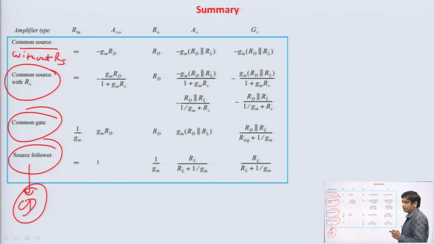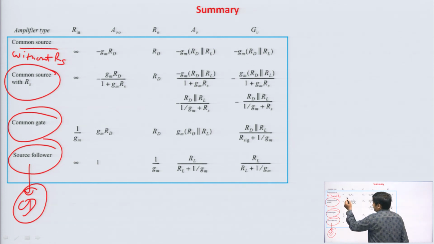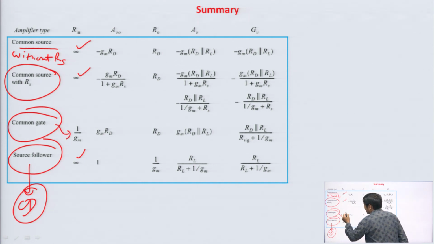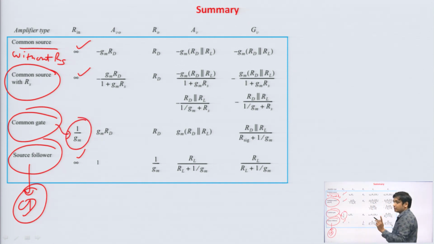Now, you can see that the input resistance of the common source amplifier and source follower, that is common drain, is infinite, right. Why? Because the input is applied at the gate and the gate current is 0. But in case of common gate, you can see that the input resistance is 1 by Gm, that is very low, that I have discussed, right.